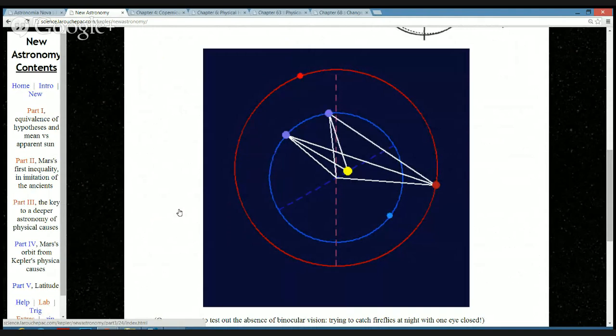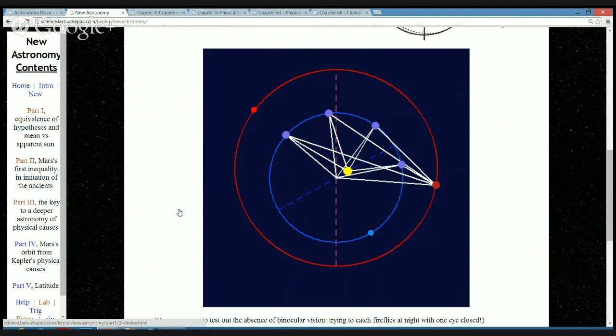Kepler does this wonderful technique of using a stroboscopic view of the Earth. Every 687 days, Mars is in the same place. Even if we don't know exactly where that place is, it's in the same place.